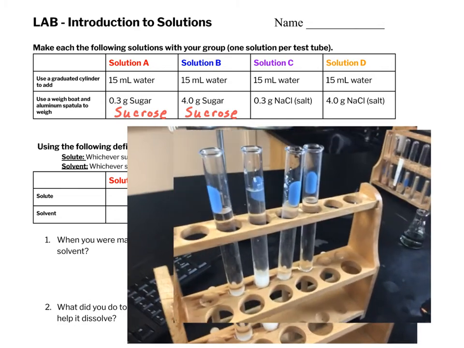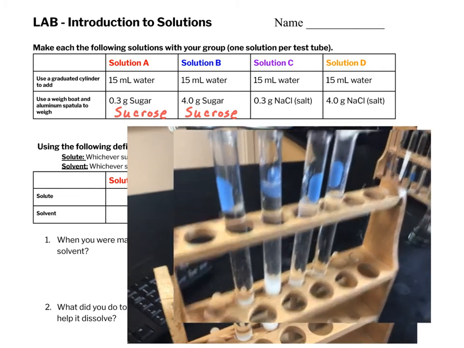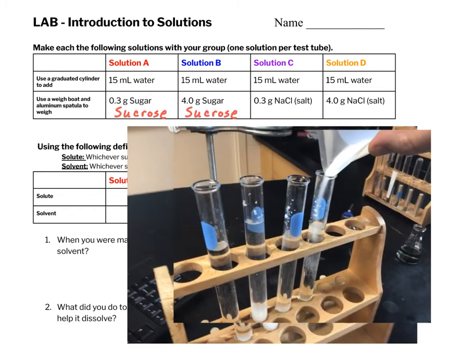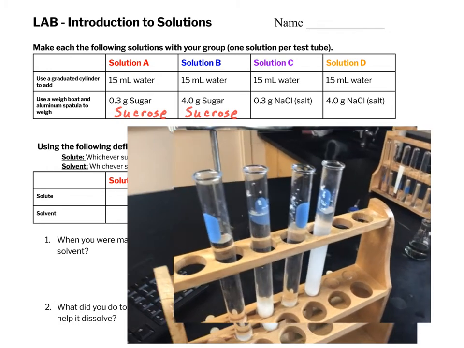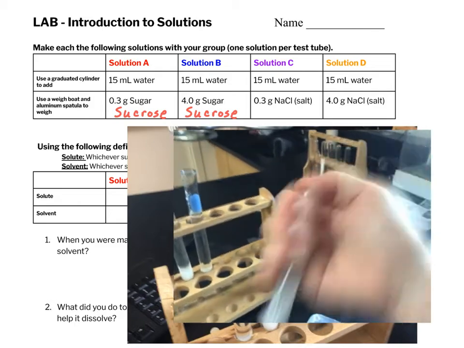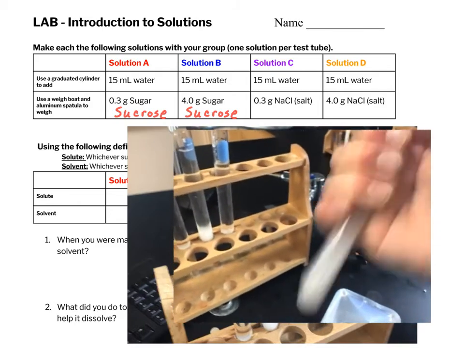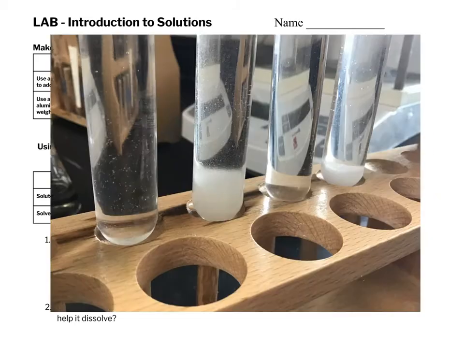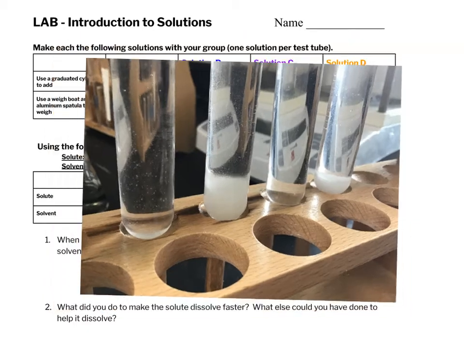Test tube D, 4 grams of salt. All right, we'll put a cork on and shake them all up. And here we are, our 4 solutions, A, B, C, and D.